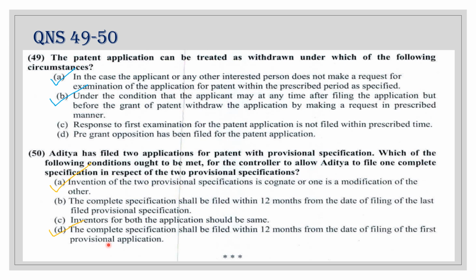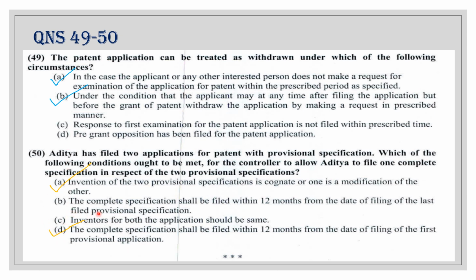Then option D is the complete specification shall be filed within 12 months from the date of filing of the first provisional application, and for this you can refer section 9. Okay, so option A and option D both are correct.